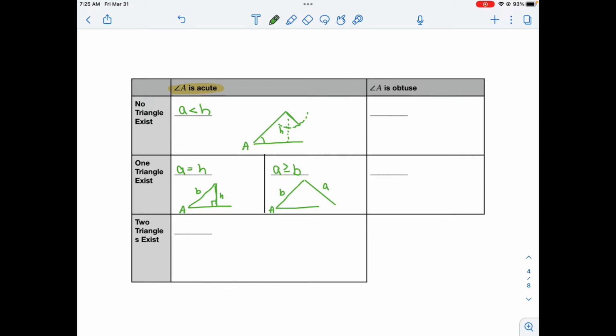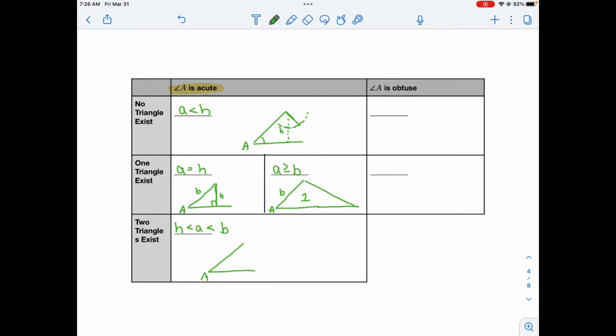It's going to look something like this. And this occurs if the height is smaller than the side opposite the angle given, but the side opposite the angle given is smaller than the side adjacent to the angle given. Okay, so H is less than A, which is less than B.